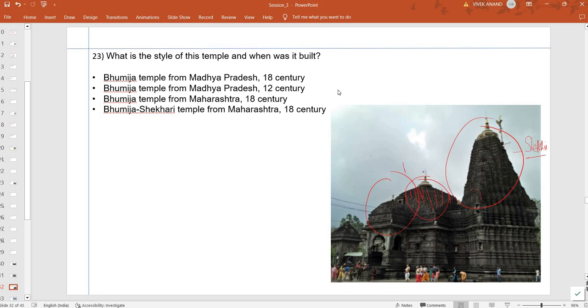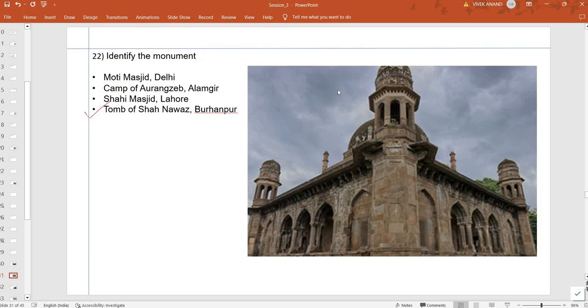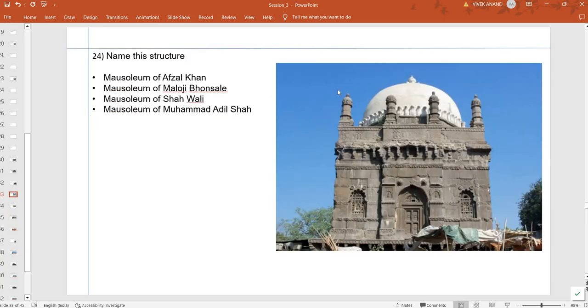Okay, so this is a Bhumija style. So the right answer is Bhumija Shikhari temple from Maharashtra. So let's move to the next question. This is already done. So, name this structure.